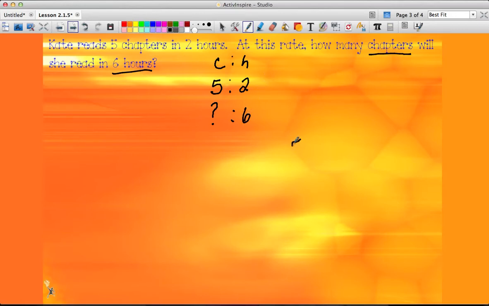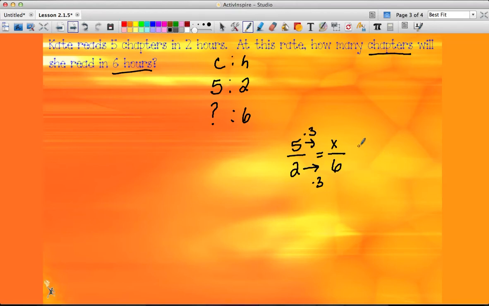So another way we can set this up is to look like a fraction. It has to give me something to 6. I know to go from 2 to 6 I have to multiply by 3, so I know that is what I need to do on the top.